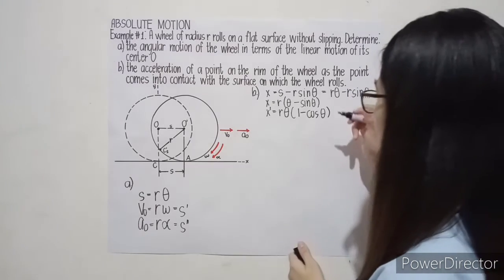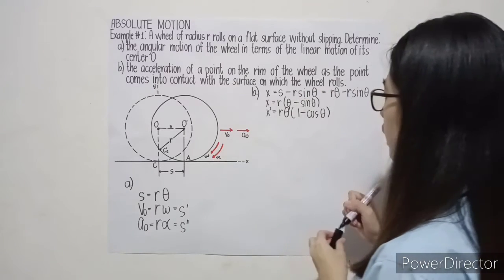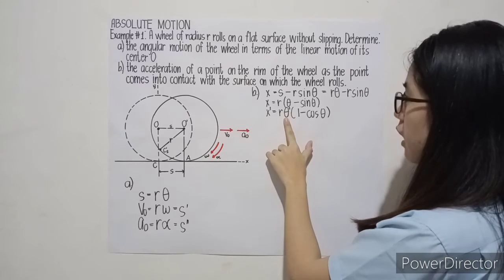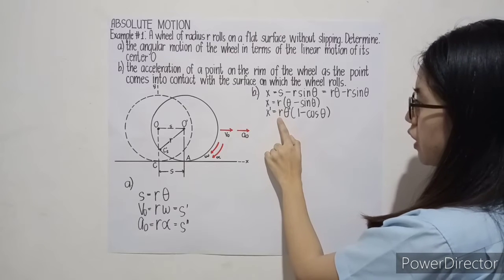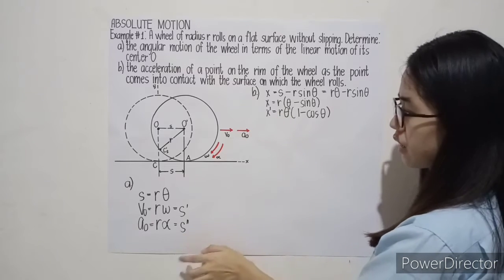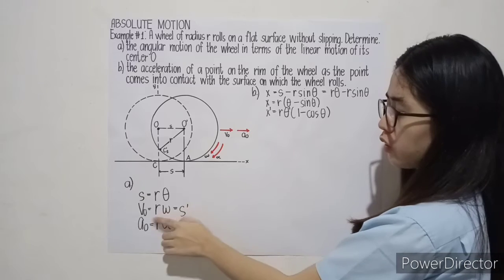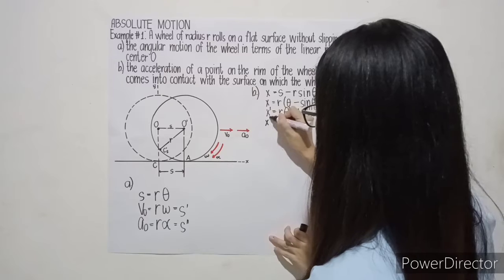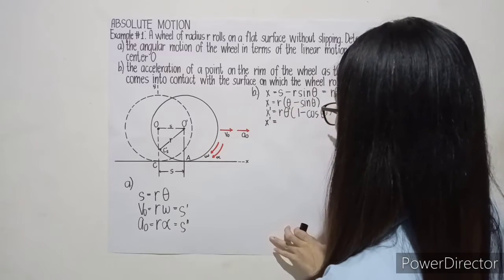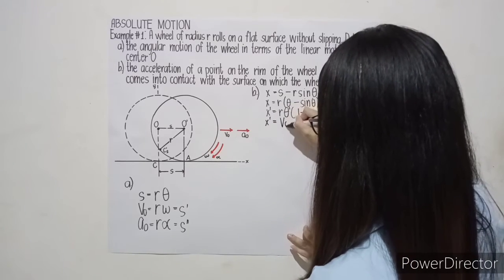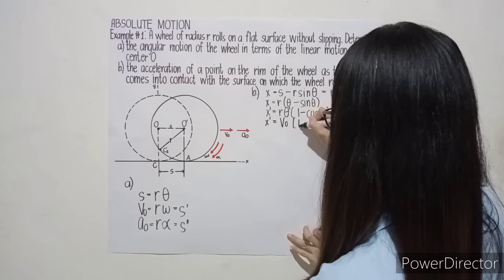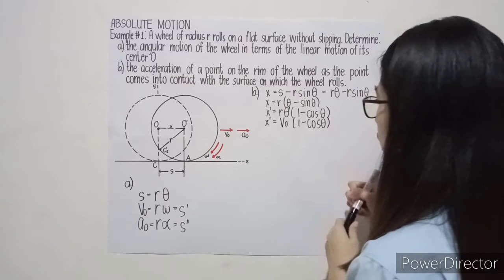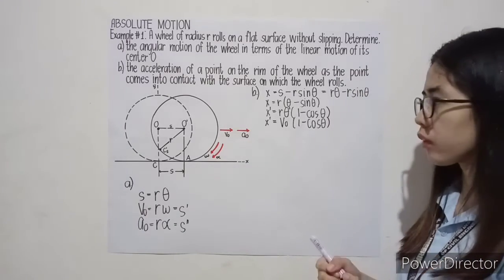Since theta prime is the angular velocity, r multiplied by the angular velocity is also equal to the velocity v sub o, so x prime is v sub o times 1 minus cosine theta.